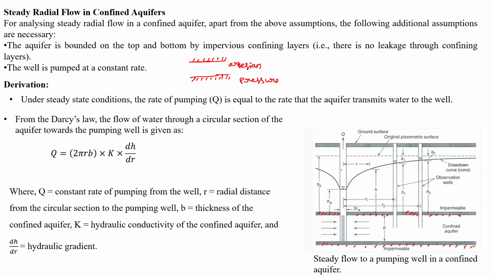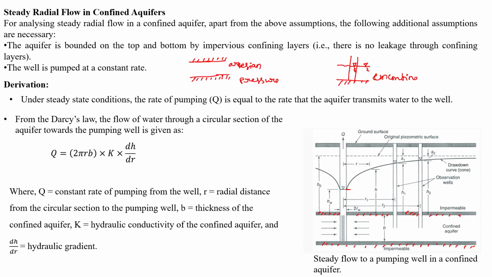Suppose you insert a well; as you insert the well, the water level rises above the aquifer level because of the influence of artesian pressure. If you dig a similar well in an unconfined aquifer, the water level will be equal to the surrounding level.